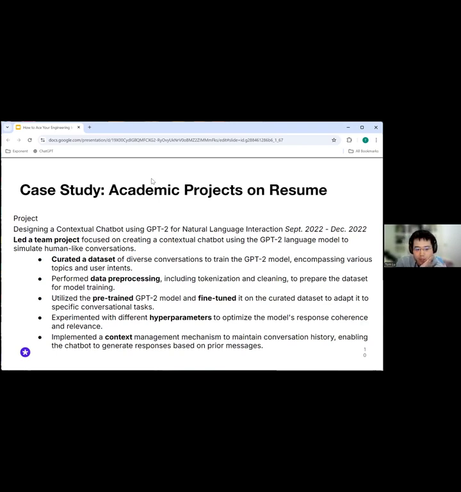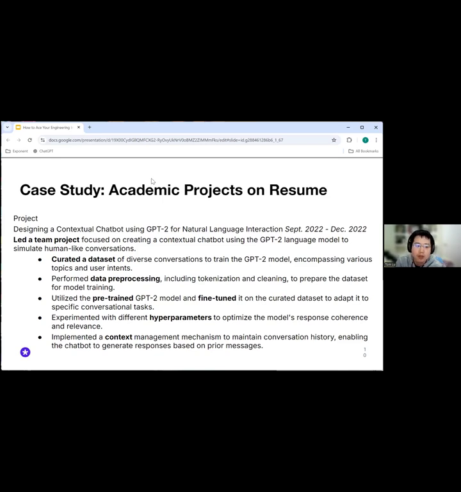But my argument here is, although the academic project might only last for 2 or 3 months, maybe it is a single individual project, or maybe it is a project from a team of classmates, the important message we would like to deliver here is we have some experience in designing, in implementing something relevant to an industry project.